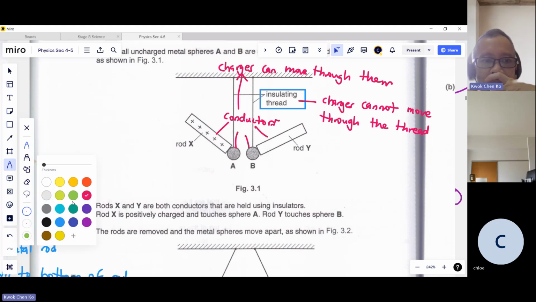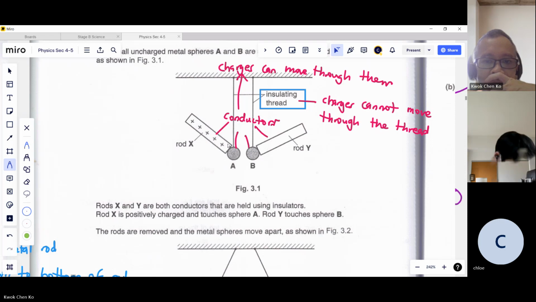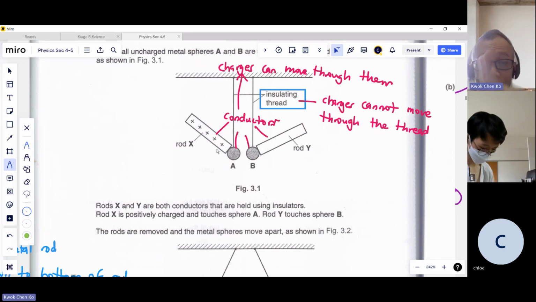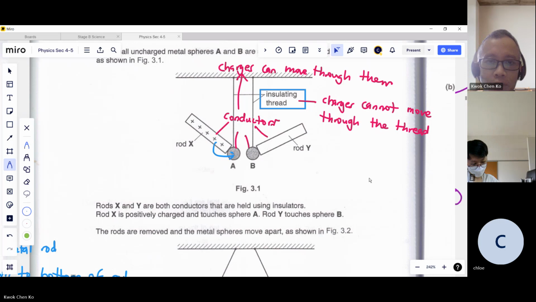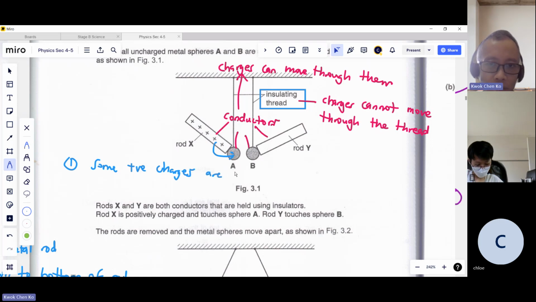So first of all, from here, this is your answer already. Some of the positive charges move to A. Not all, obviously. Some positive charges are transferred from X to A.